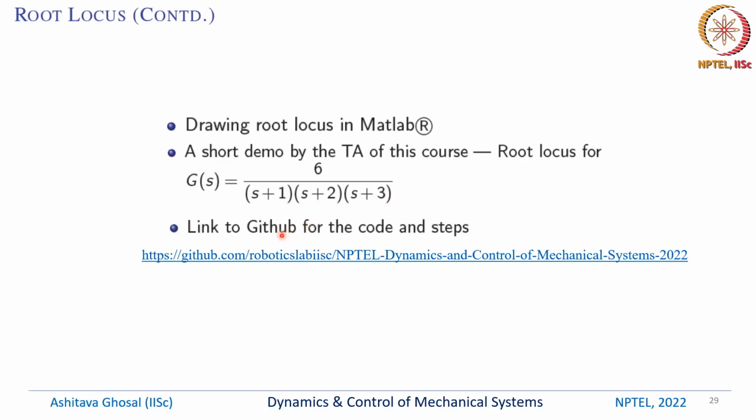There is a link to GitHub for the code and the steps. So even if you do not see exactly all the steps in the next video, you can go to this link and see in great detail what steps are required to plot the root locus for this open loop transfer function.